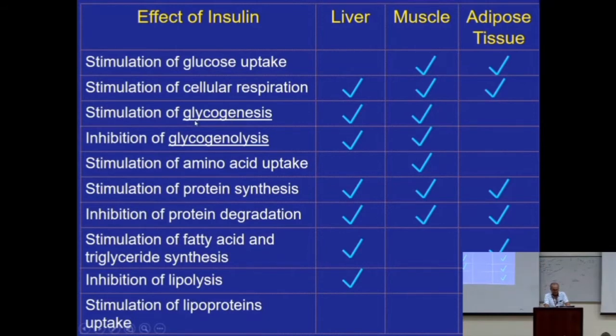Stimulating glycogenesis. That's in liver and muscle. Inhibiting glycogenolysis. That's in liver and muscle. Stimulation of amino acid uptake. The muscle is a key tissue, but really there's going to be increased uptake in other tissues as well. Protein synthesis is stimulated throughout most tissues, inhibiting protein degradation. TAG synthesis is specifically increased in liver and adipose tissue.